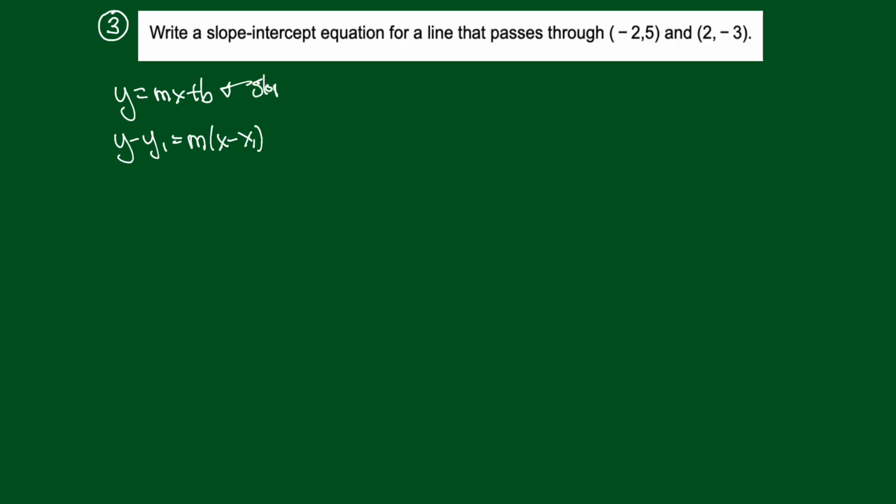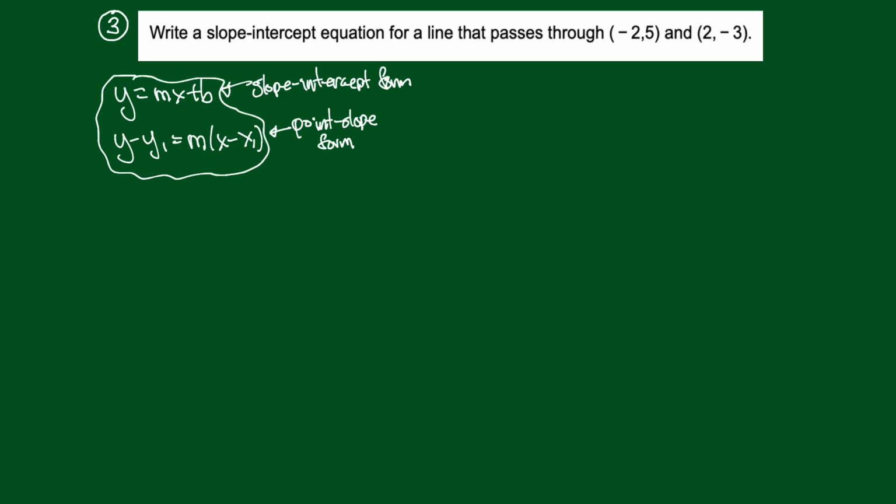This is the slope-intercept form. And this bottom one is called the point slope form because you're given a point, x1, y1, and the slope. All right, so these are the two templates that we're always going to use. So as soon as I see write the equation of a line, I'm thinking these two templates.